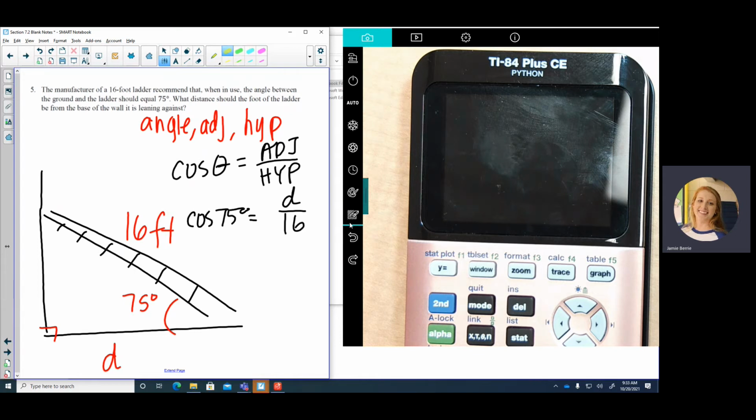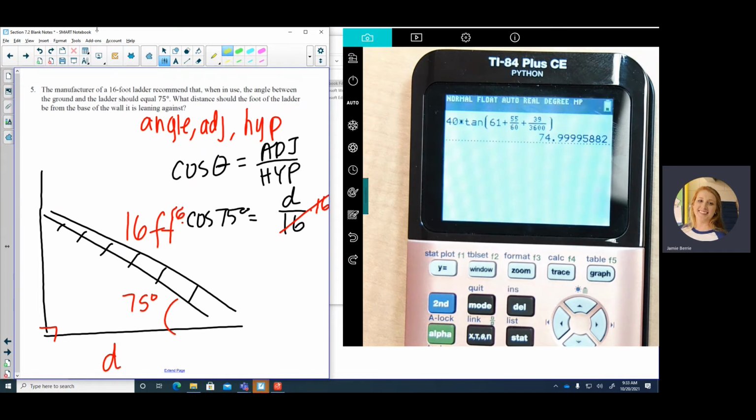All right, so to get D by itself, to figure out what the distance is, you're just going to multiply both sides by 16. That's going to cancel out the 16 in the denominator. We should be in degree mode.